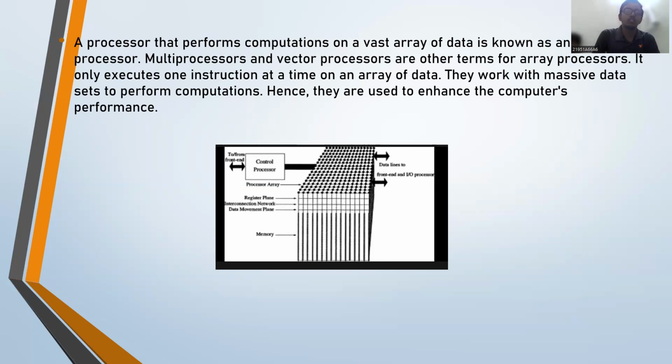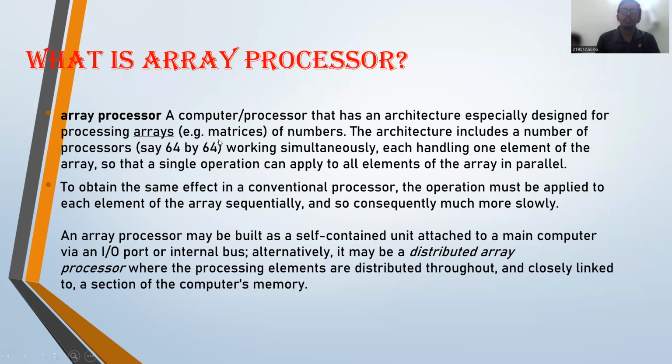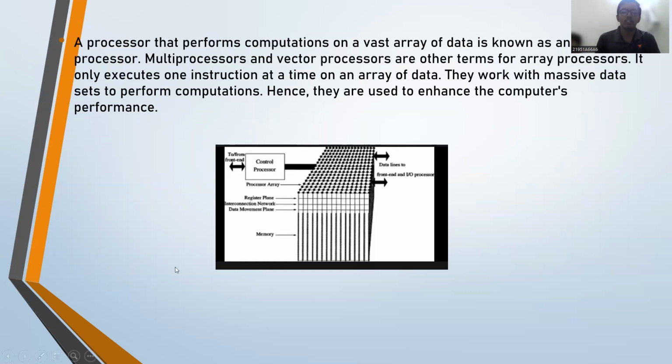It only executes one instruction at a time on an array of data. They work with massive data sets to perform computations. Hence, they are used to enhance the computer performance.